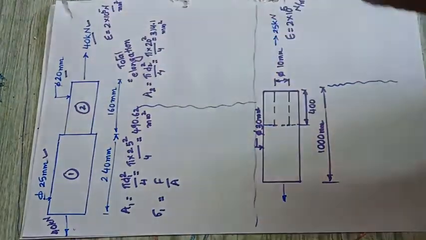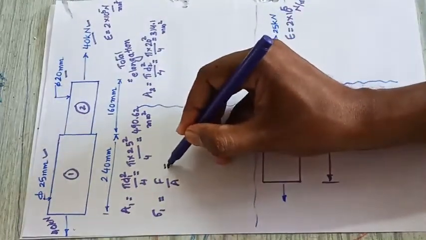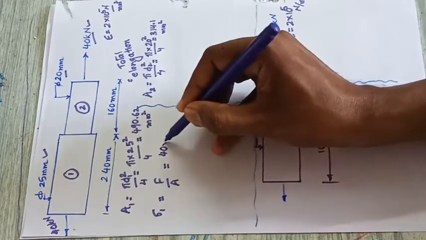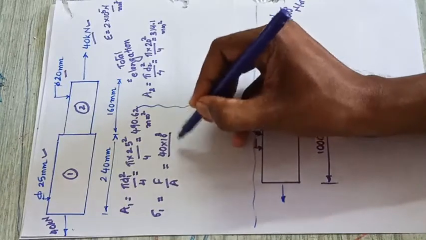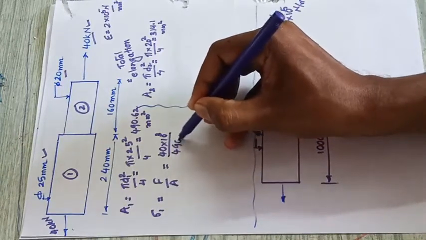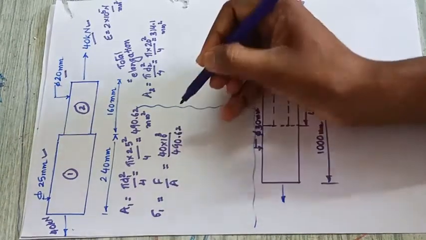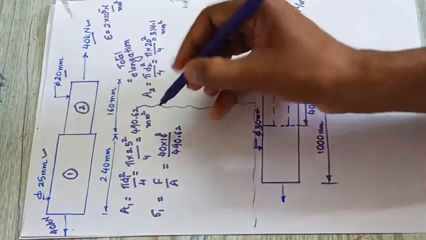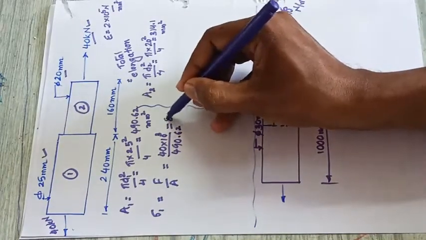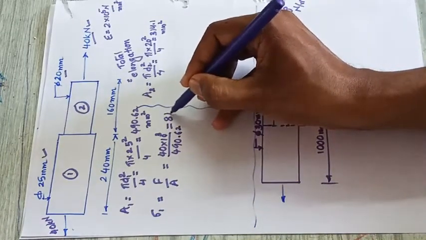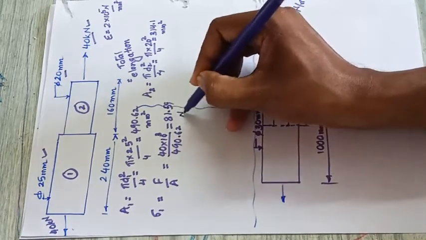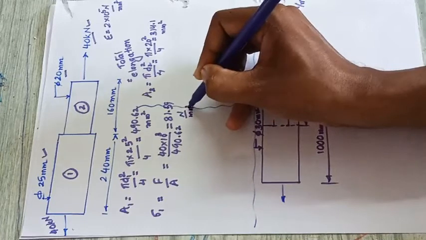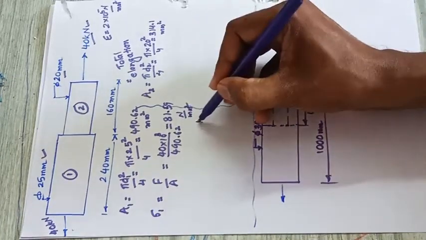Only one quantity you have to consider. Here 40 into 10 raised to 3 divided by the area, 490.62. Therefore the stress value is 81.59 Newton per mm square, or you can write it as MPa.